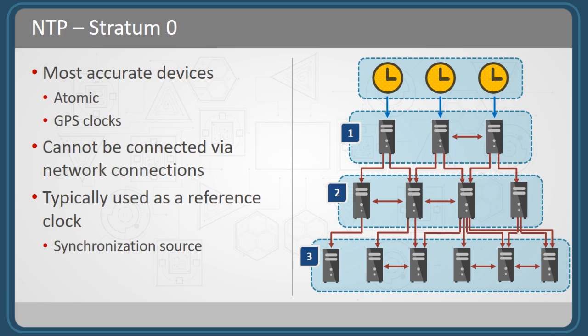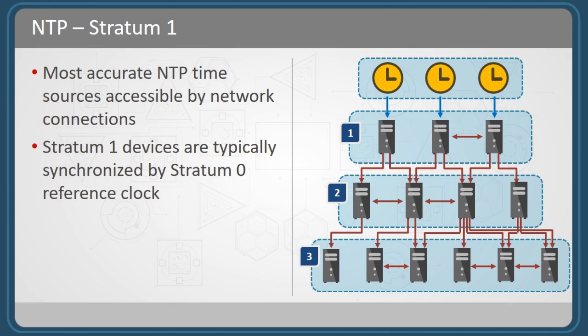So we don't have standard network connections to these devices, so they're used as the reference clock, the synchronization source. Everything begins there, but the systems that are in stratum 1 would have proprietary interfaces to those clocks. Now that they have synchronized by those clocks, they can act as the source for the next level down.